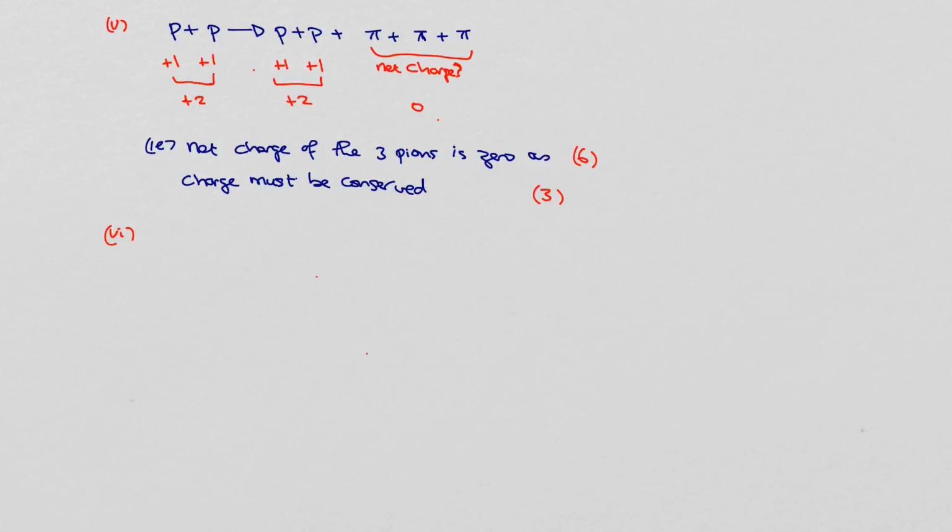So what we have then is our energy before must equal the energy after, because we know we have conservation of energy. And the energy beforehand, we're told, is that each proton is given a kinetic energy of 1 giga electron volts.